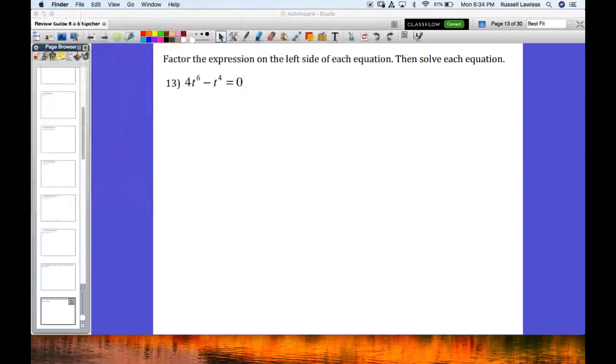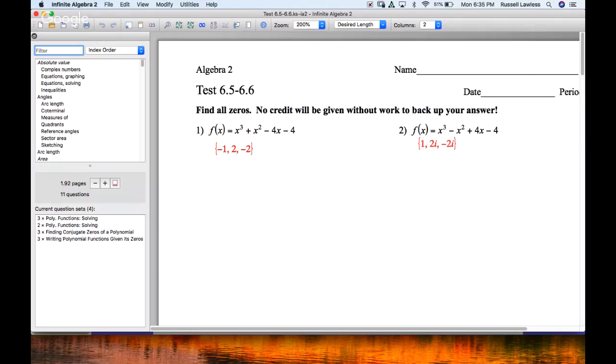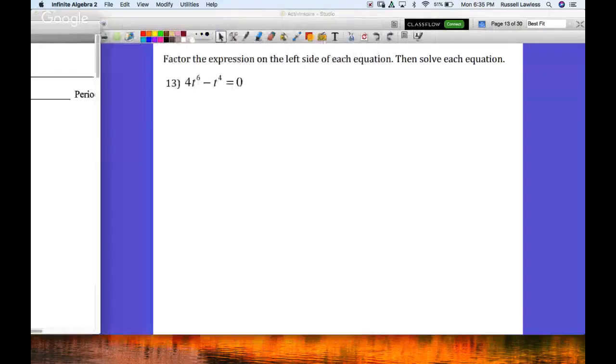Sorry, let me get that out of the way. I'm just opening up the study guide. I don't want to waste y'all's time anymore. Looks like I'm having a little difficulty.